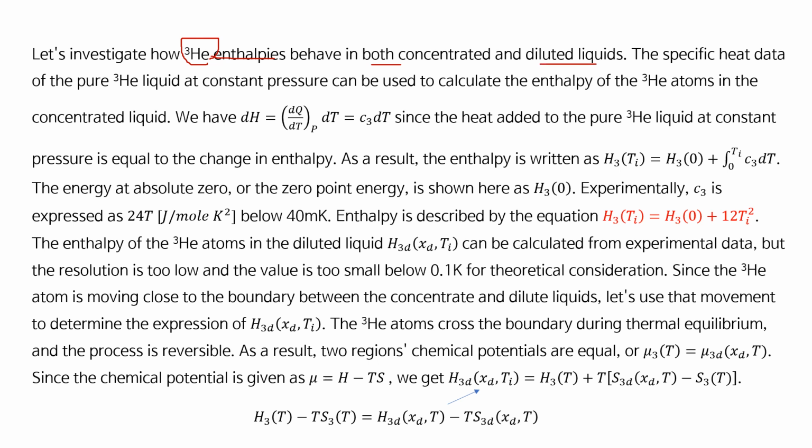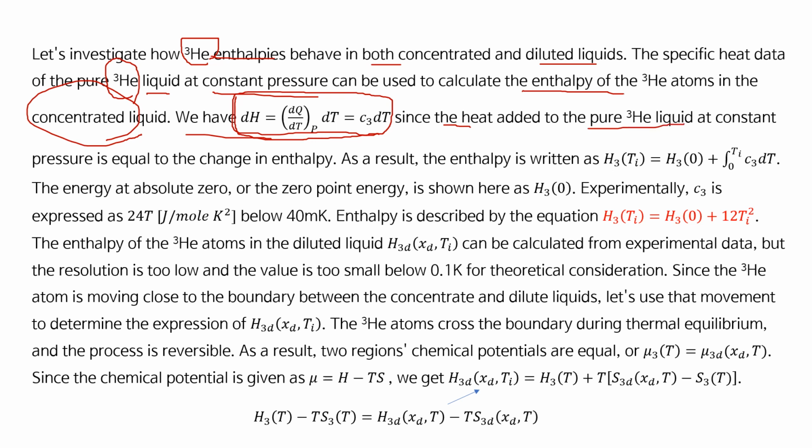The specific heat data of the pure helium-3 liquid at constant pressure can be used to calculate the enthalpy of helium-3 atoms in the concentrated liquid. We have this relationship, since the heat added to the pure helium-3 liquid at constant pressure is equal to the change in enthalpy.